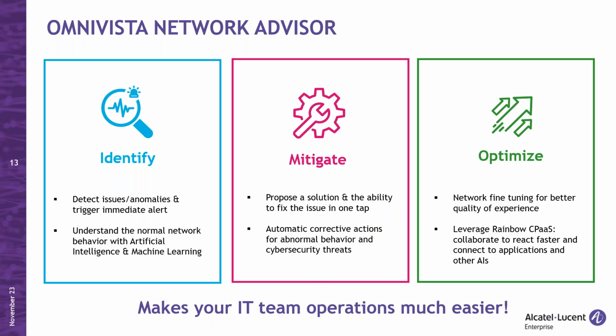Here are 3 points that OmniVista Network Advisor addresses: identify, mitigate, and optimize. Beginning on the left, it can detect issues and anomalies and trigger immediate alerts. It understands normal network behavior with artificial intelligence and machine learning.